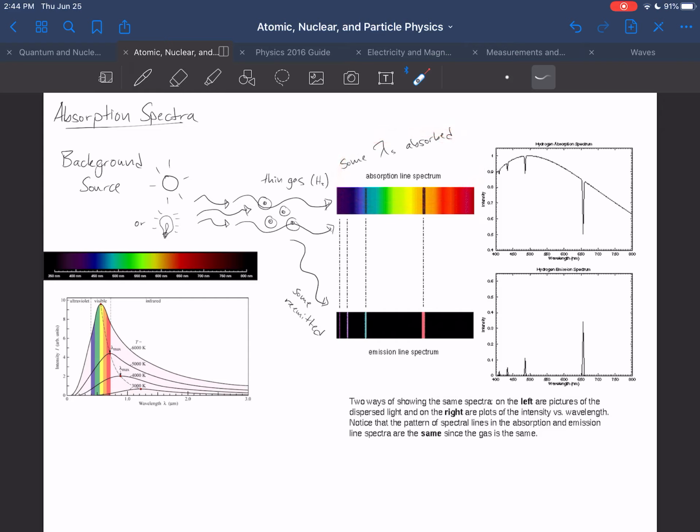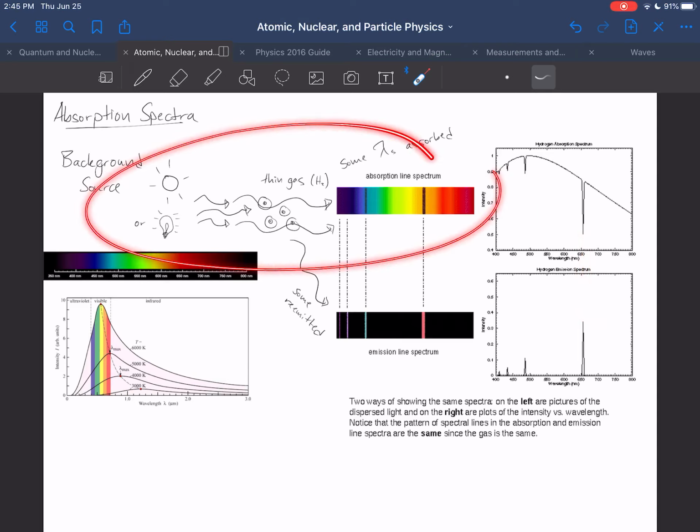That's the absorption spectrum. If you have a continuous source shining through hydrogen in particular, then you will see absorption lines, shown here, at exactly the wavelengths that you would expect to see emission lines if you were looking directly at the gas.